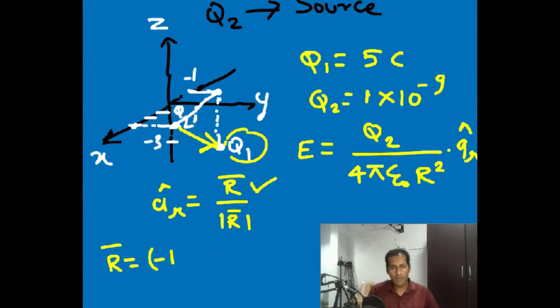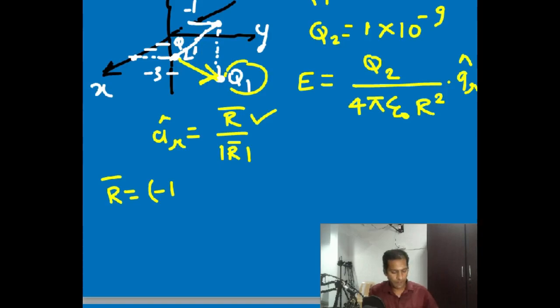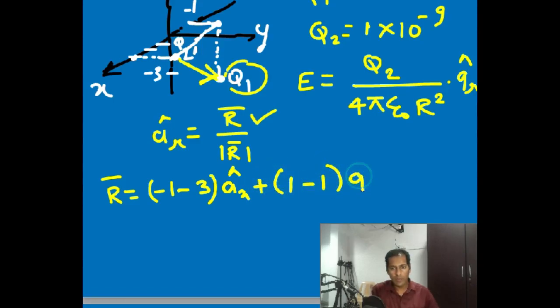So for the x direction it is -1 minus 3 ax cap, plus for the y component it is 1 minus 1 ay cap, plus -3 minus 0 az cap. So this will be the R bar.